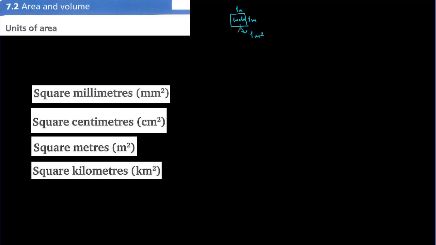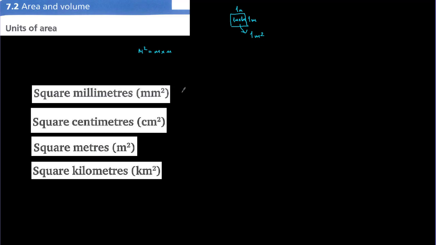So you know this one from the previous year. The unit of the area is meter square, which means meter times meter. We are going to use millimeter square, centimeter square, meter square, or kilometer square.